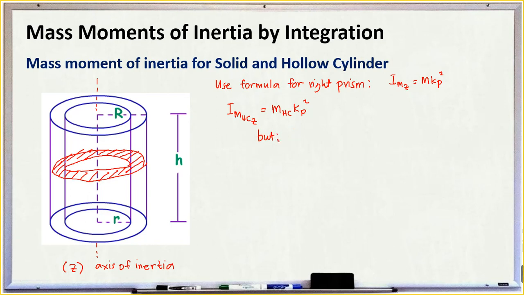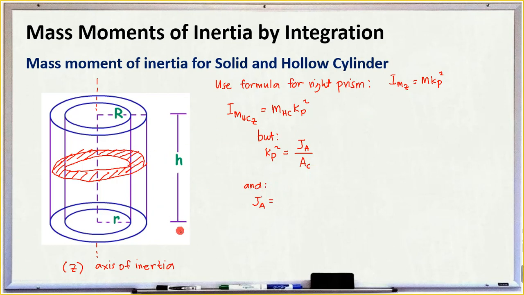But we have Kp squared is equal to the ratio of the polar moment of inertia of this hollow cylinder and its cross-sectional area. And the polar moment of inertia of this hollow circle, so this is a hollow circle, no?